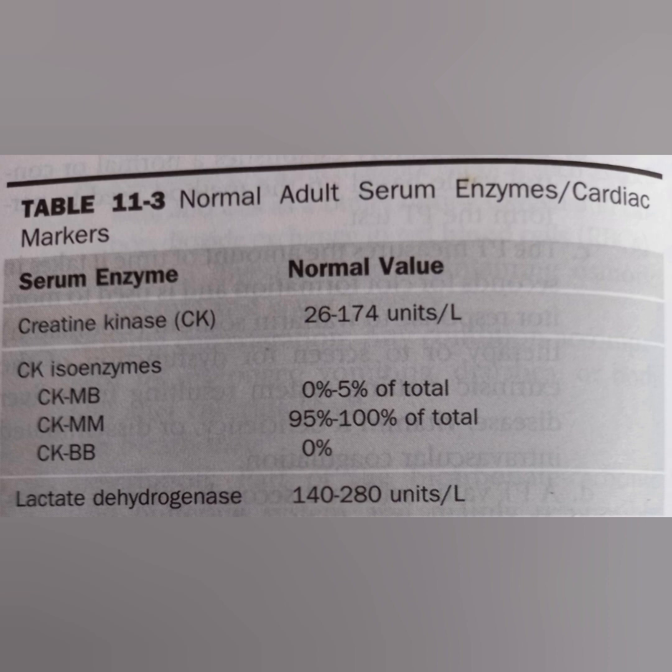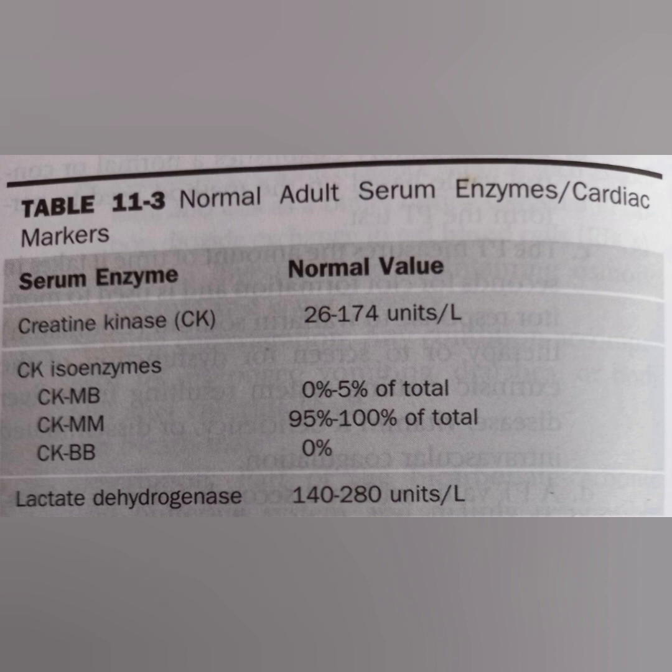The normal value for CKMB is 0% to 5% of total, MM is 95 to 100% of total, and CKBB 0%. And lactate dehydrogenase normal value is 140 to 280 units per liter.